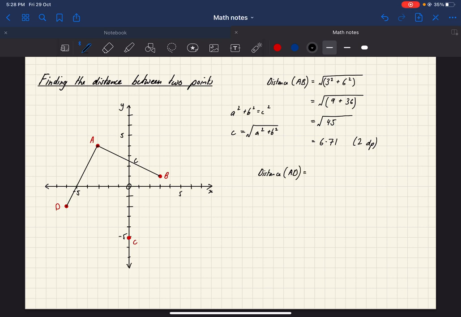Now, this formula might be written a little differently. You might have a formula that says distance equals the square root of x1 minus x2 squared plus y1 minus y2 squared. That might be your equation there.